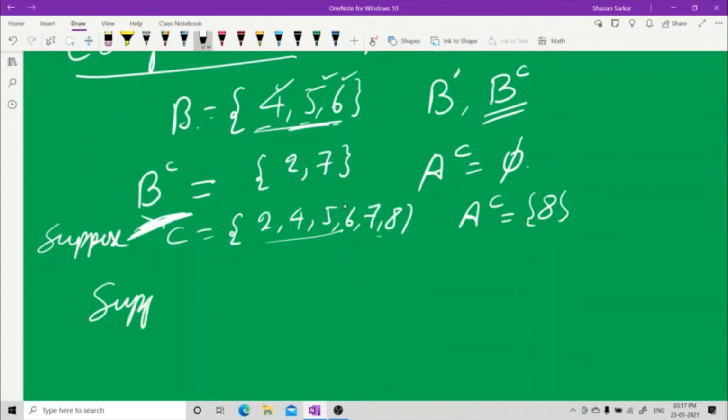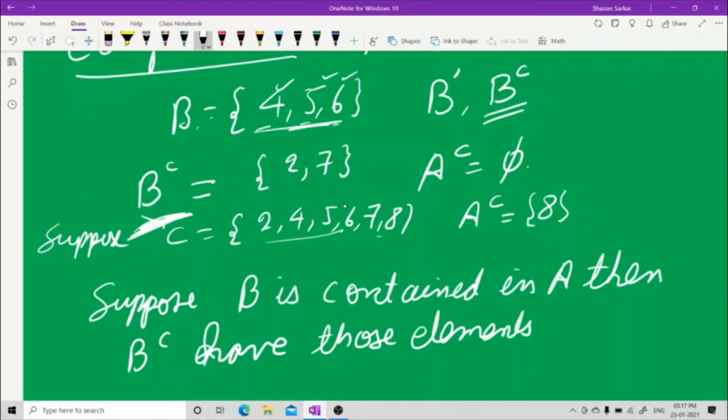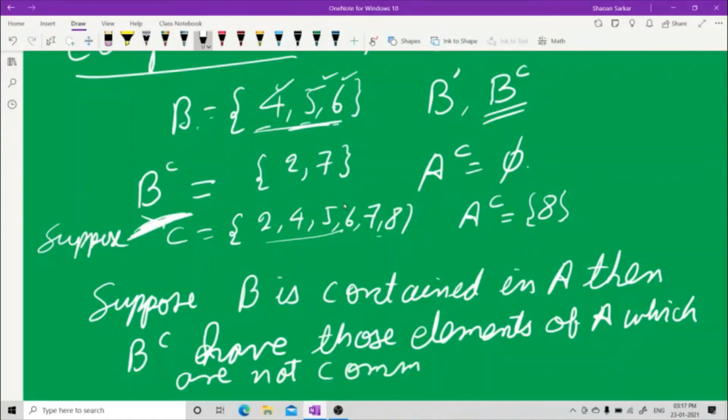Suppose B is contained in A, then B complement has those elements of A which are not common with B.